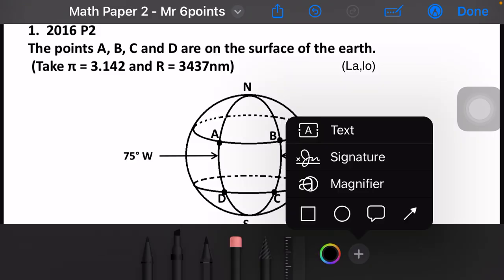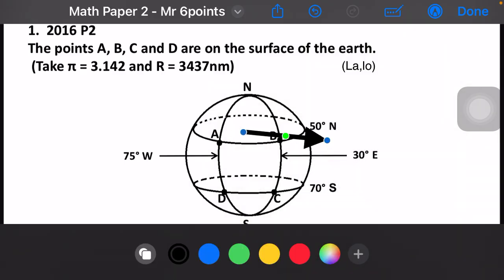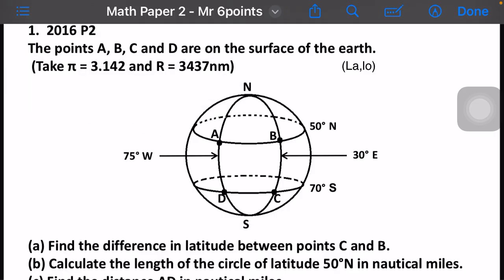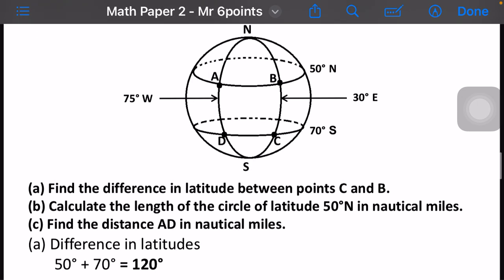The radius R, they will always give you in the past paper question, so you have nothing to worry about when it comes to R. The next thing you need to know is how to find theta. So how do you find theta? Let's look at the question and I'll show you how to find theta. So the question reads, question A.